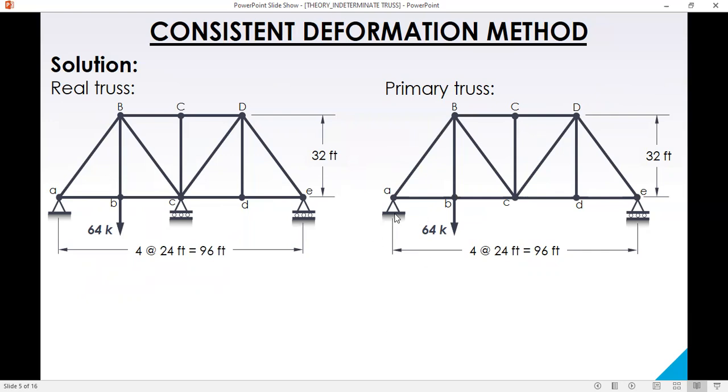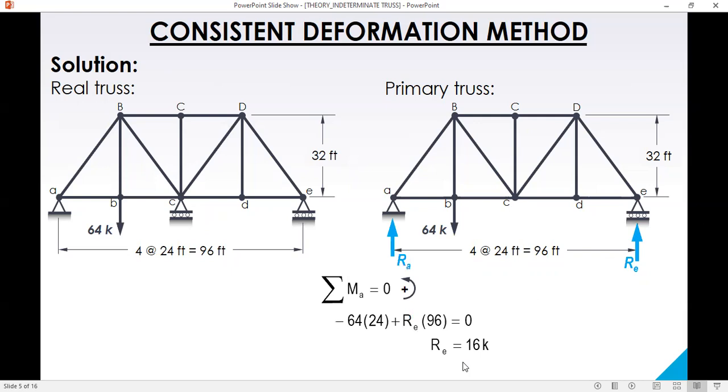So we determine the reactions, RA and RE. We sum up moment about A, and we can solve for RE. RE is 16, and then summing up forces in the vertical, we have RA equal to 48.